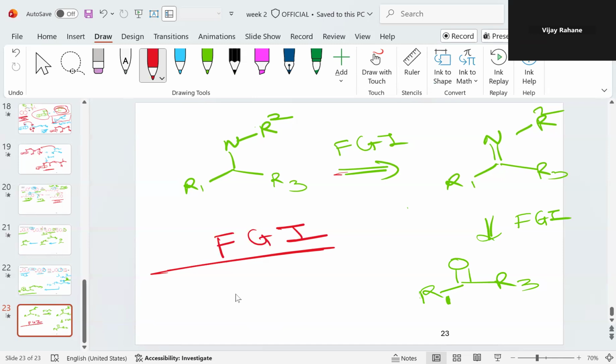This retrosynthesis is more widely used in actual research when you want to synthesize some molecules, then this part will be very useful. It is basically more practical than theoretical.